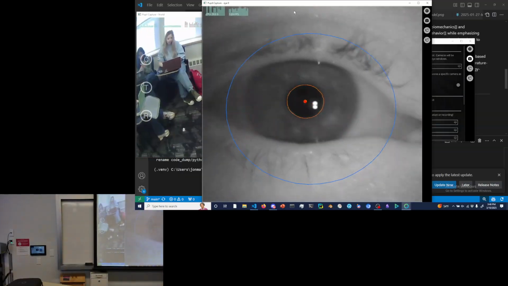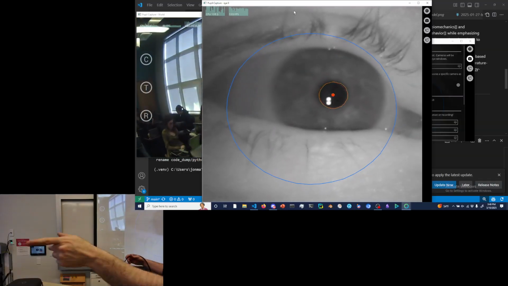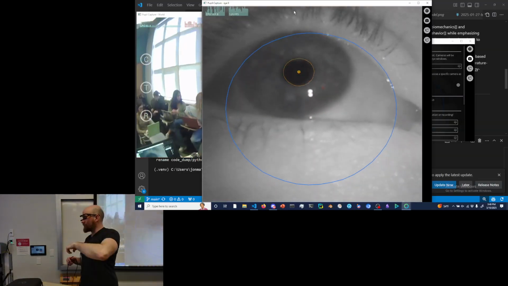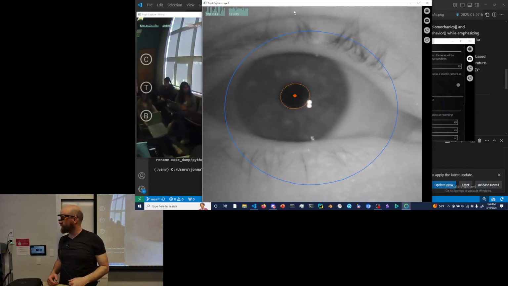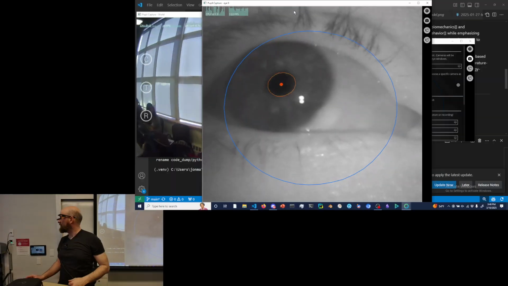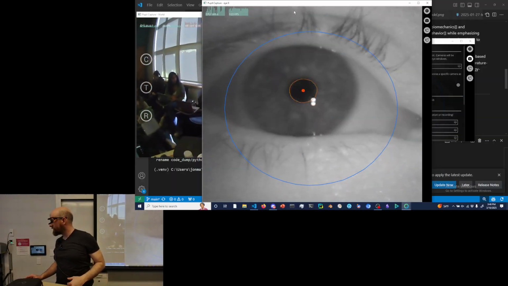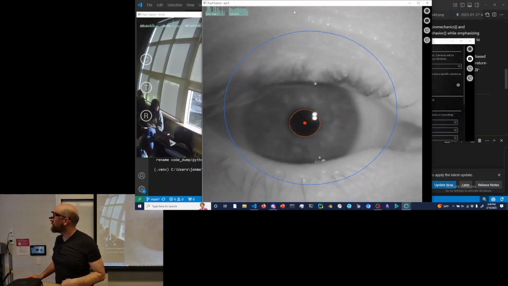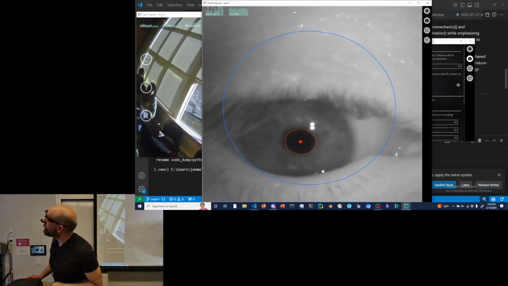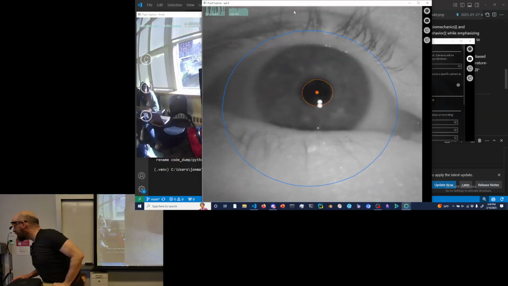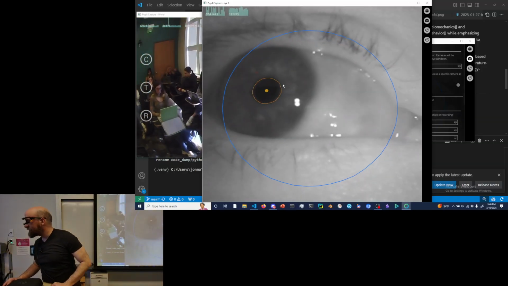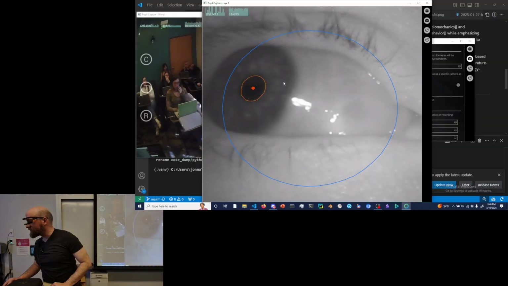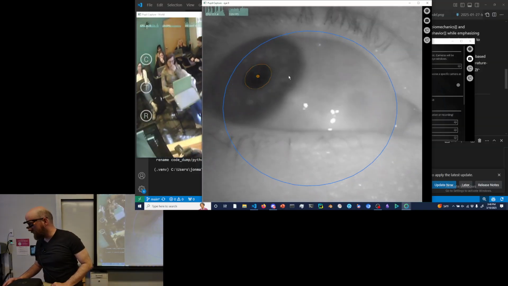However, actually, let's see. Could you open that real quick? Oh, actually. Okay, you can kind of see there's a little bit of reflection from the window.